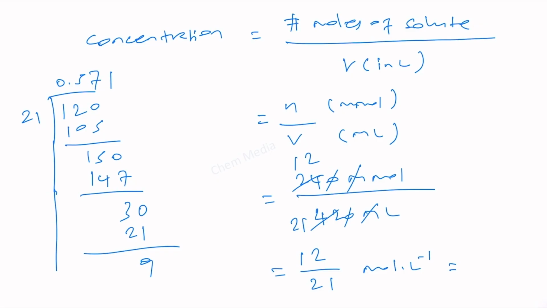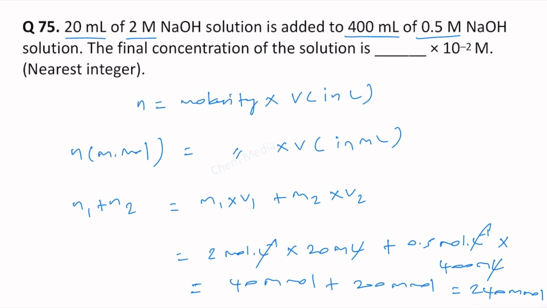Therefore, this will be equal to 0.571 molar, and that we can write as 57.1 times 10 to the power minus 2 molar. Therefore, the nearest integer is 57. Therefore, the correct answer here is 57.